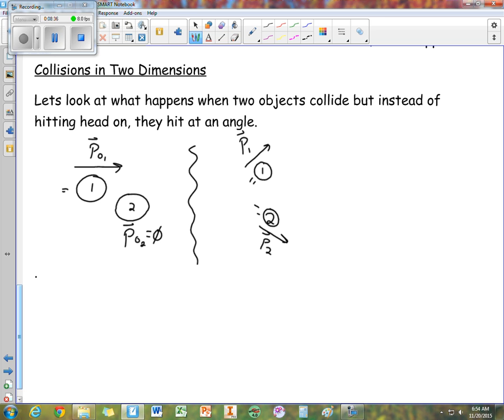But notice if I take these vectors and do vector addition, so if I had final momentum 1, and I kept that same length and angle and put it head to tail with the final momentum of object 2, this should equal the initial momentum, which is just this plus 0, so obviously it's just going to be P0 1.